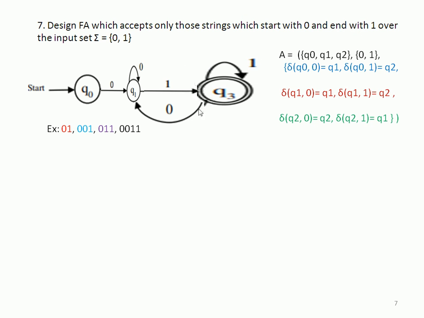So this machine will accept the strings 01, 001, 011, 0011, right? The one modification: instead of calling it Q3, call it Q2.